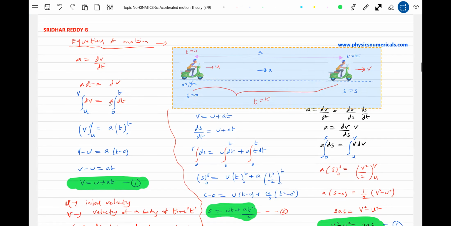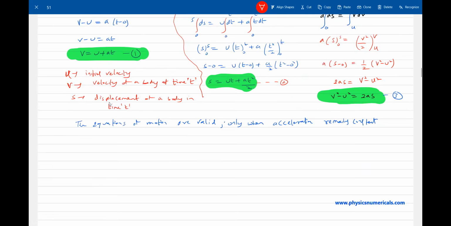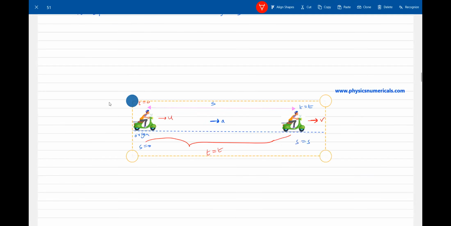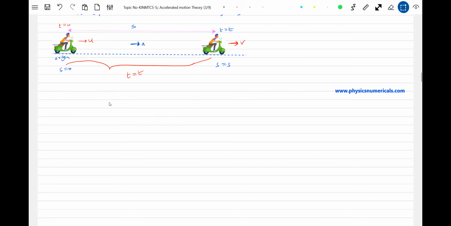Okay, let me, for retarding motion also, the equations will be the same. Let me, okay, at t equals 0, the body is here. It will undergo retardation. Retardation means the v will be less than u.